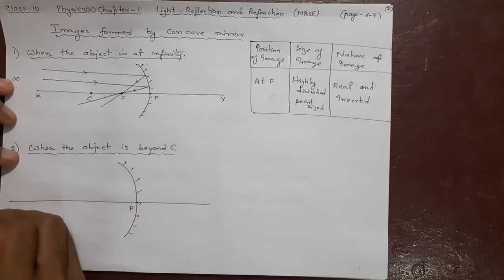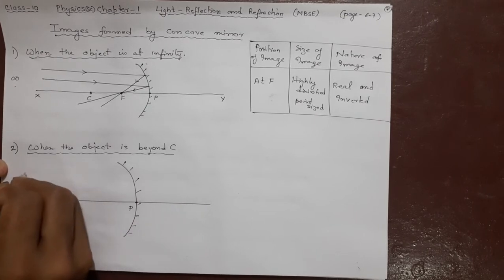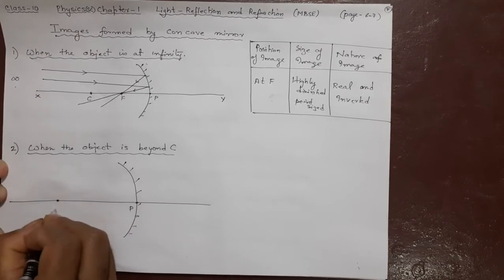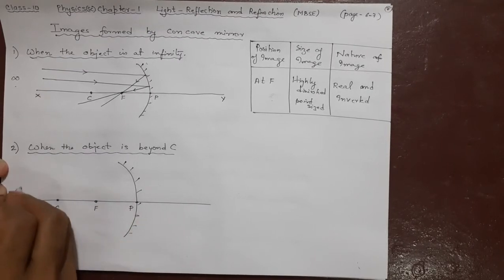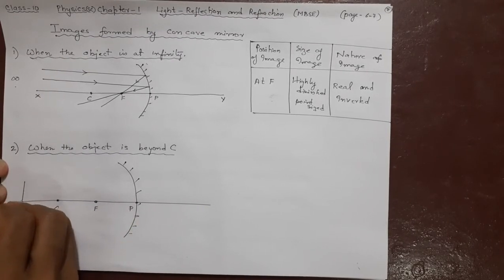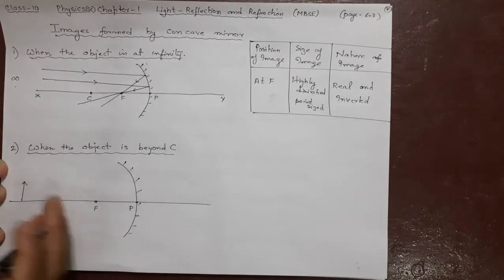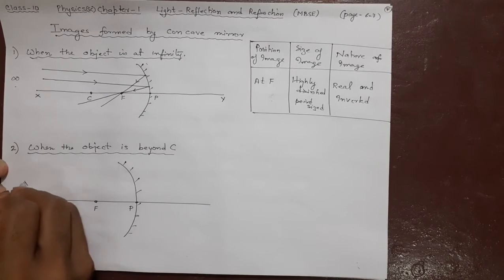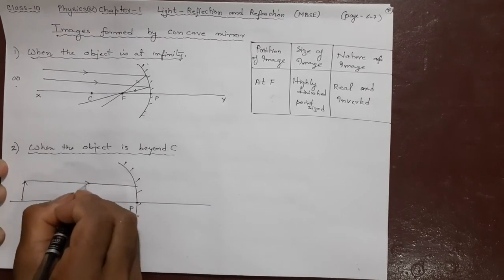Pole is there. I will not write XY this time. The object is here somewhere, C is there, focus is half here, the object I will make somewhere here. This is the object now, beyond C, slightly away from C. Now the first rule is what? Coming a parallel line, where will it pass?